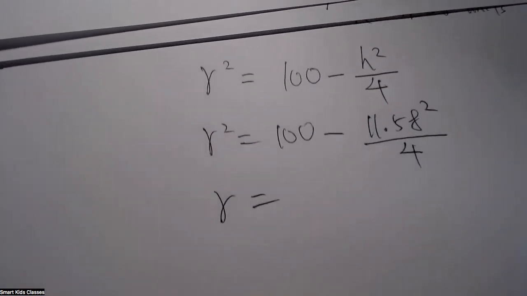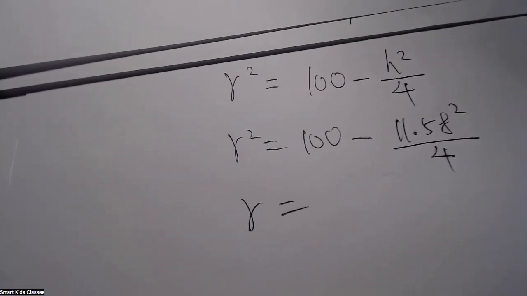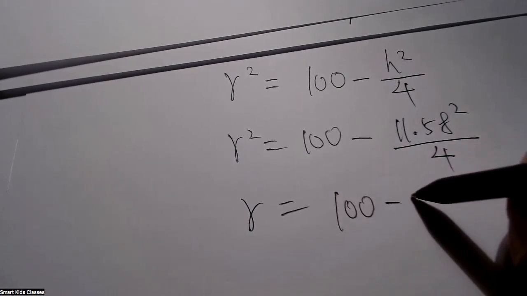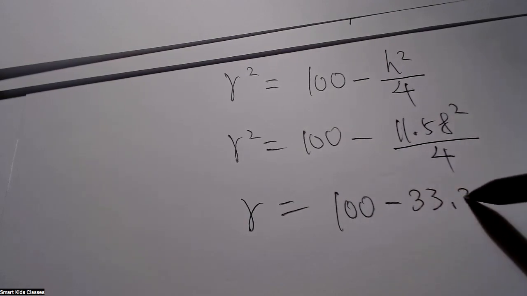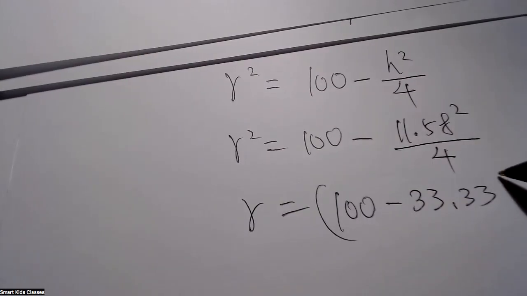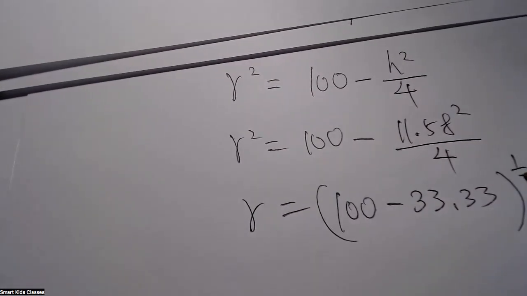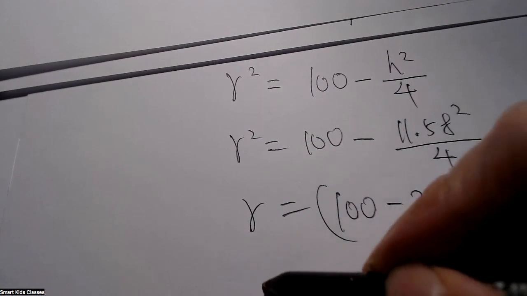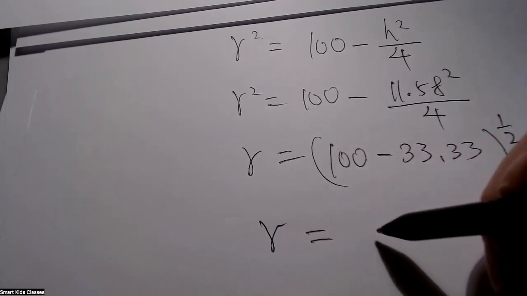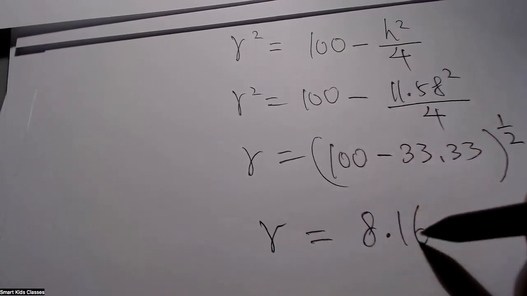We use a calculator to find the radius. It's equal to 100 subtract 33.33, and we take the square root, the exponent 1/2. From here, we get the radius equal to 8.16 units.